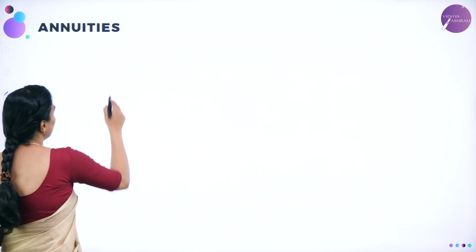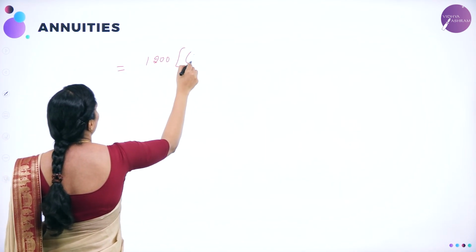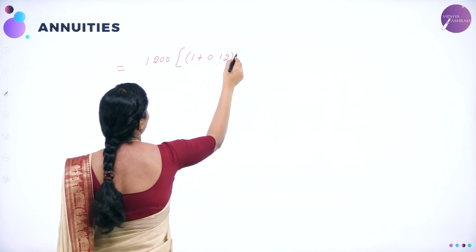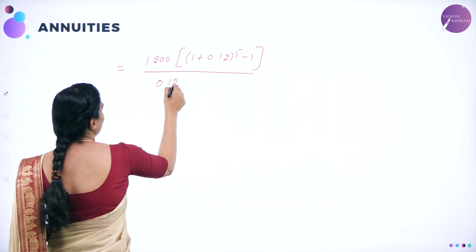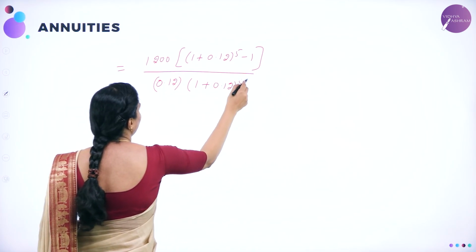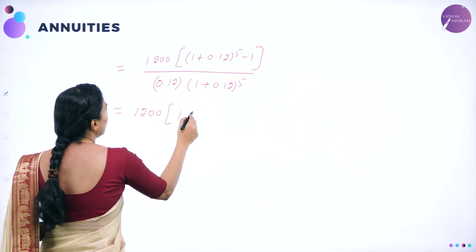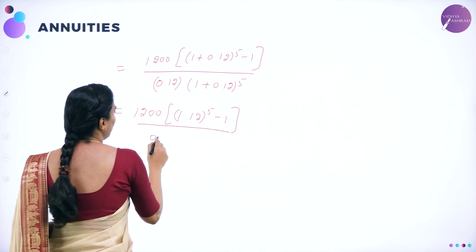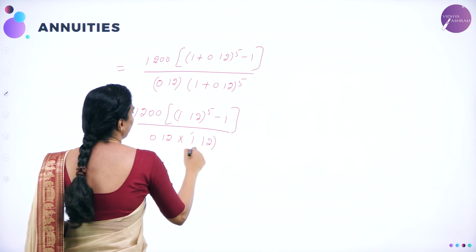Let me substitute here. P will be equal to A, which is 1,200, into (1 plus R, R is 0.12) to the power of N, N is 5, minus 1, divided by 0.12 into (1 plus 0.12) to the power of 5, which will be equal to 1,200 into 1.12 to the power of 5 minus 1 divided by 0.12 into 1.12 to the power of 5.